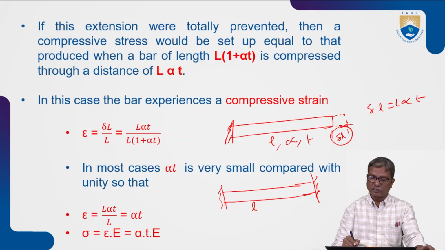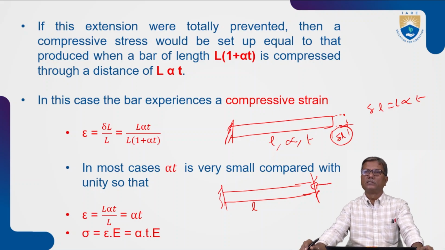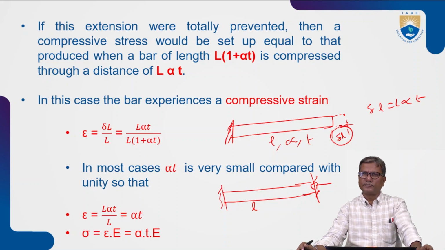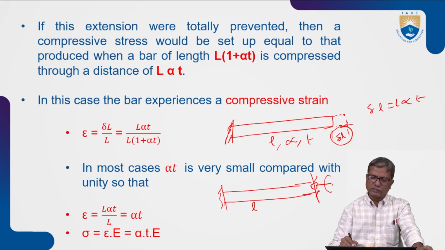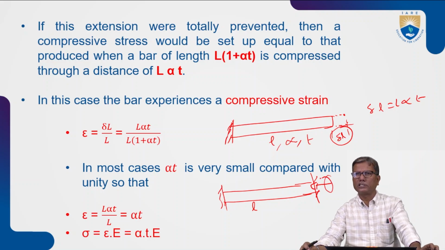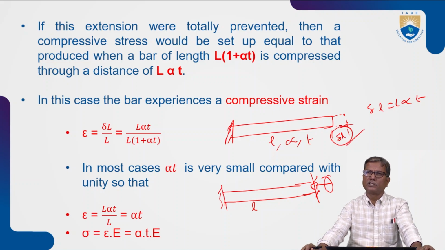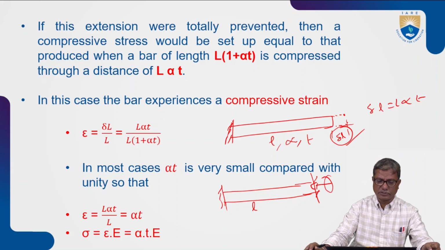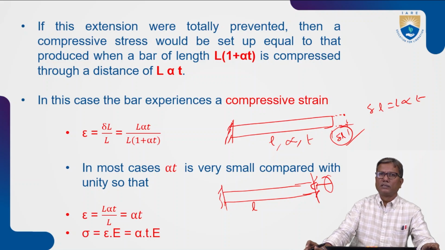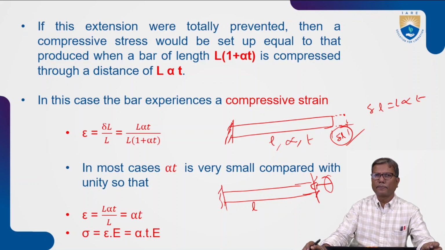A compressive force will be developed here, which causes additional stresses in the member. This force, developed due to the restraining of the expansion, causes additional stresses in the member, which are called the temperature stresses. Understand?